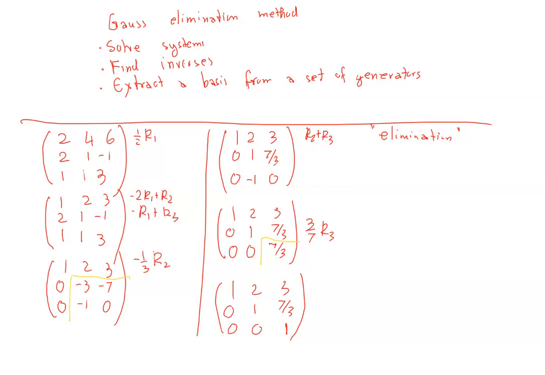In the case of finding inverses, it will be the same. In the case of extracting a basis, somebody could have even put the columns in a different order from the very beginning. So it's not that you will always have a unique basis among a set of generators, but certainly you will get the correct one.